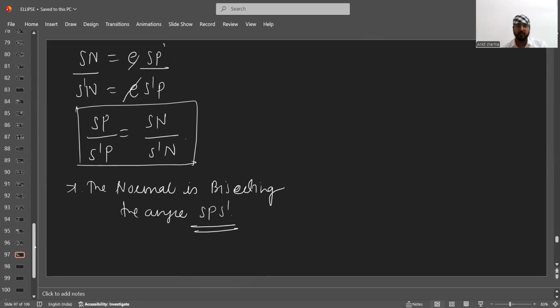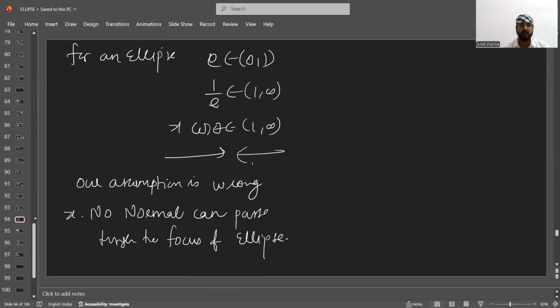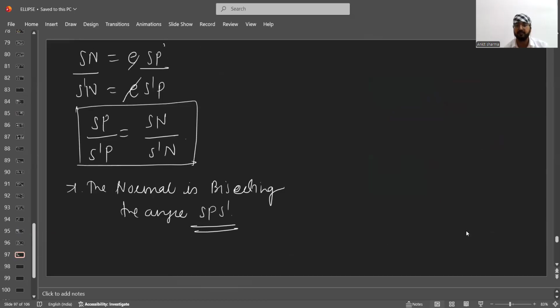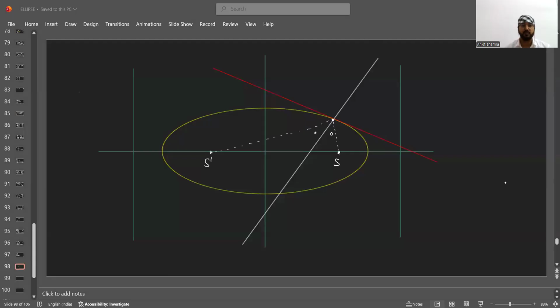So we now want to derive the conclusion for this, the reflection property. So let's write all the possible conclusions. So we will now see the important findings here.